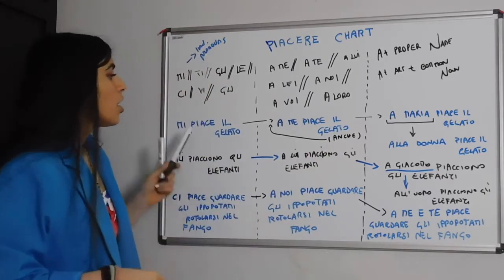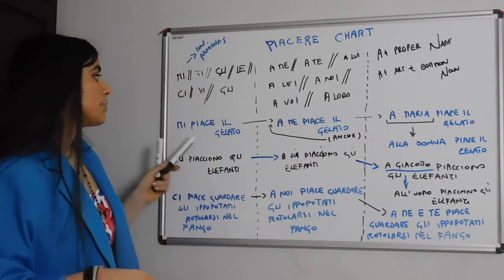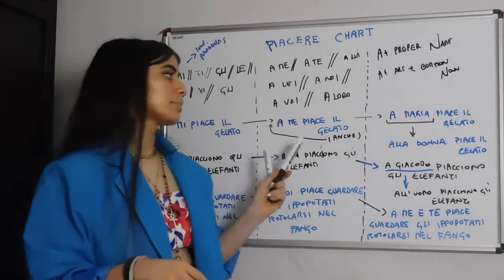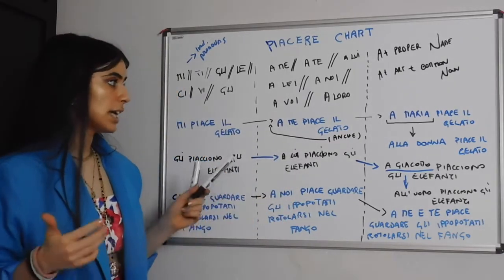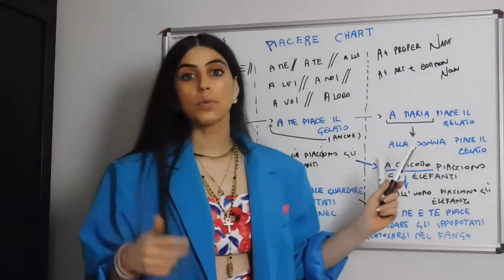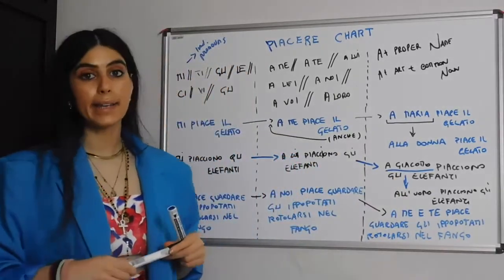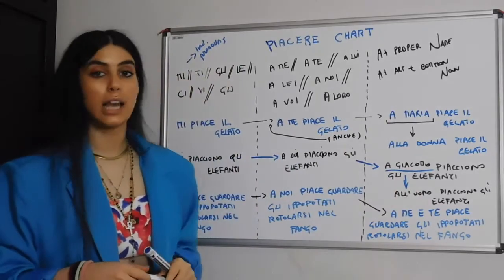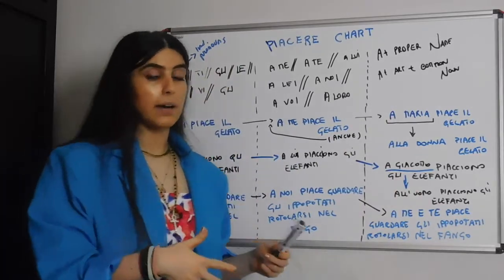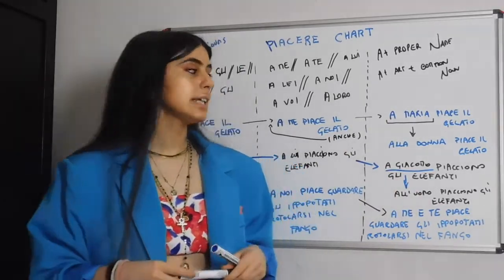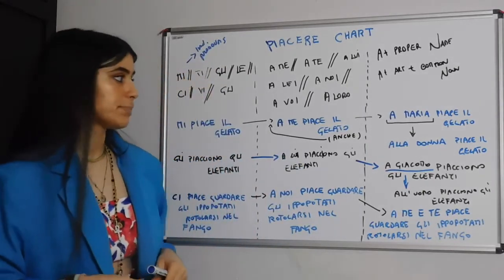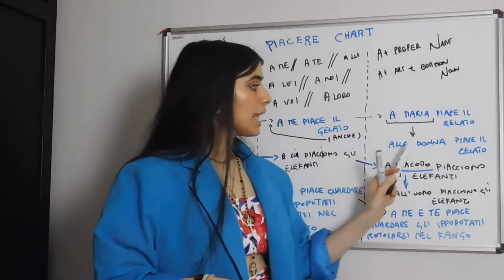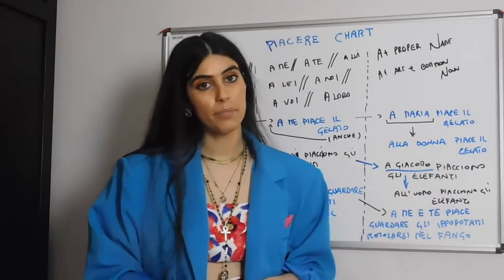One goes first and says mi piace il gelato, and the person responds anche a me piace il gelato. That sentence will become a Maria piace il gelato, so a plus proper name. But if I don't know Maria, but it is clear who I refer to, I would say alla donna piace il gelato.